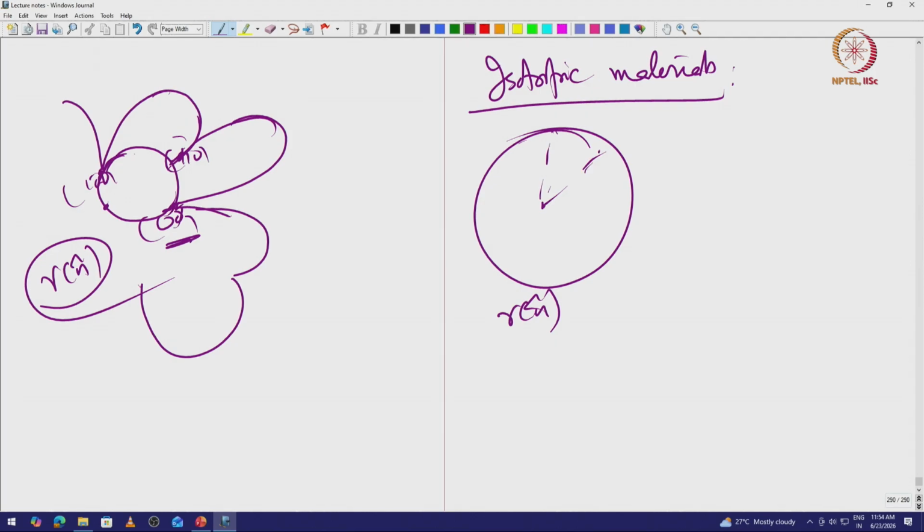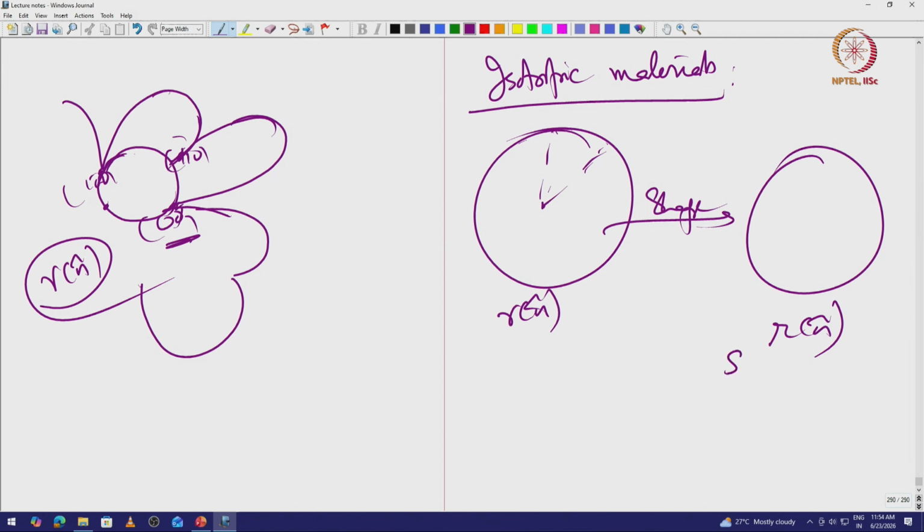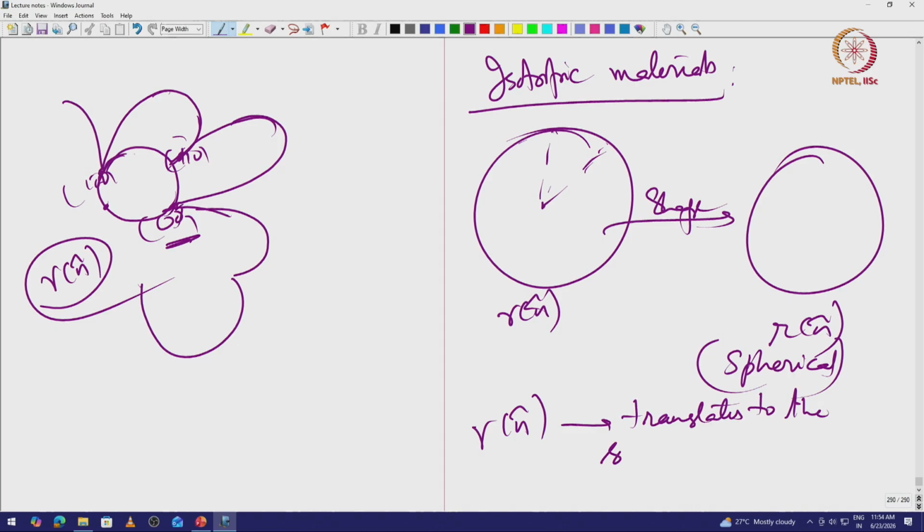So, all surfaces can exist, and this translates to the shape of the crystal, which is R of n. That is also spherical. So, gamma of n translates to the shape of the crystal.